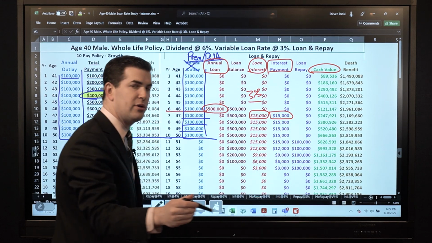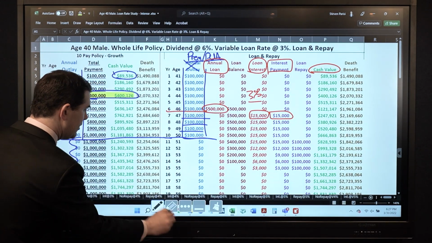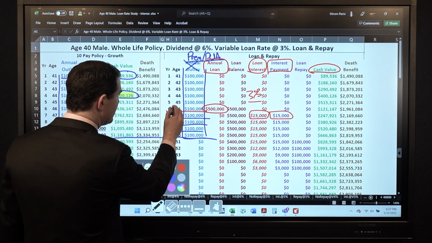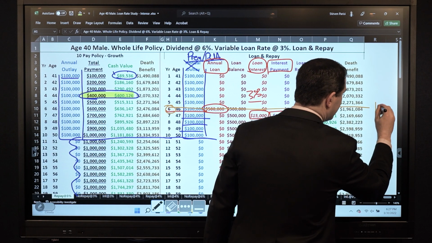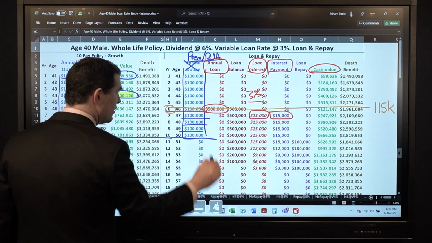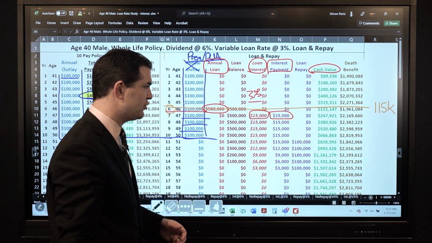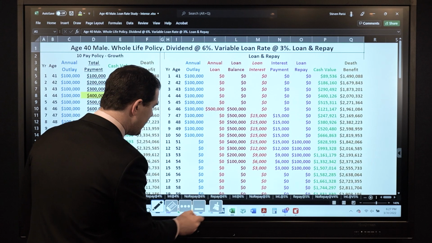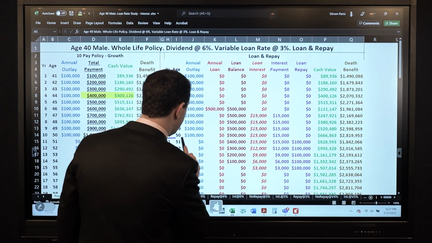If we see purple, that represents our additional out-of-pocket. So in reality, year 6 here, we put this in gold. If this is you, your true out-of-pocket was what? 115K, because you paid the 100K payment, premium and PUA payment, and then another $15,000 toward loan interest. So we do that each year up until year 10.